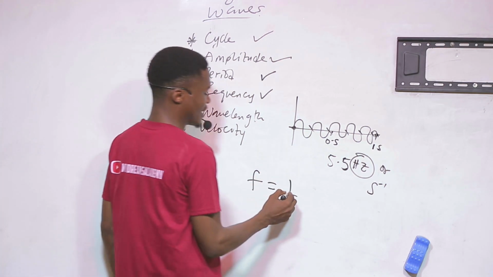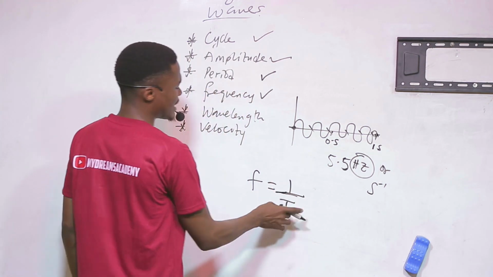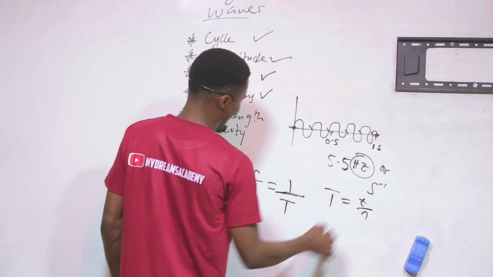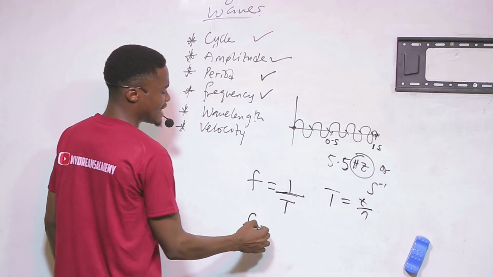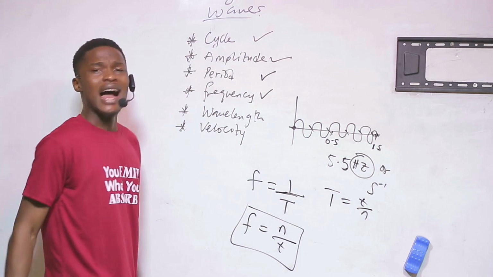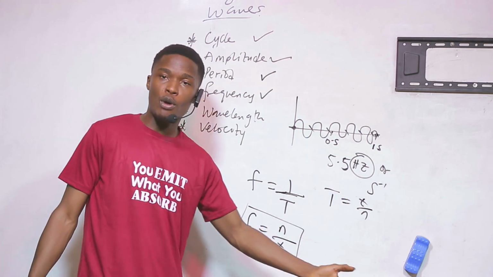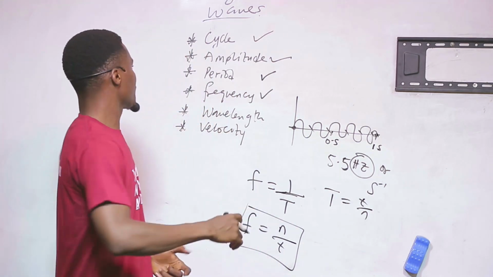Now, remember that T is equal to small t over N. If I get the reciprocal of this, you will see that frequency is N over t. So you can also use this as your formula for calculating frequency. N is still the number of cycles, small t is still the total time taken.